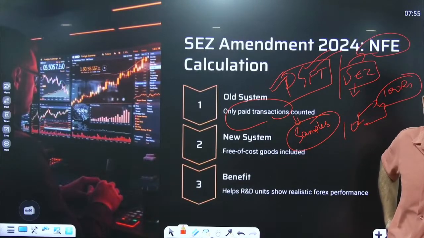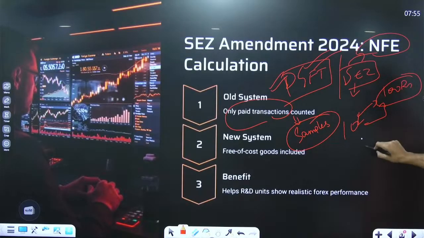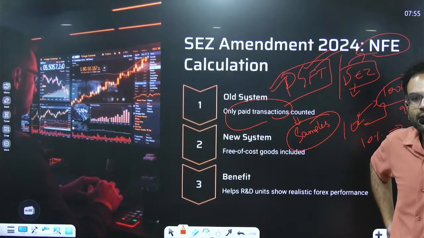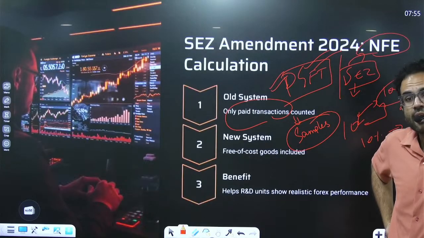So if the government says, I'll give you 10% on profit, so 90 rupees is the profit here, I'll give you 9 rupees as a profit. But let's say these sectors are not raw material dependent. They are R&D dependent.